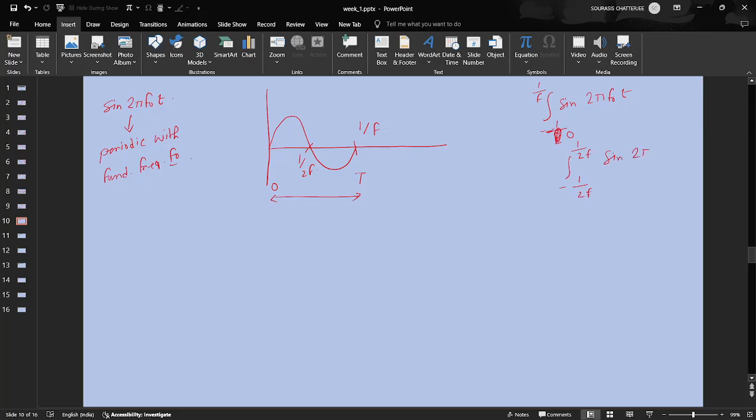It doesn't matter, because for a periodic signal we already established the integration limits do not matter as long as the integration interval remains of size 1 over f naught, or just t.